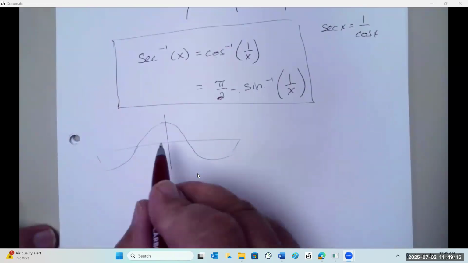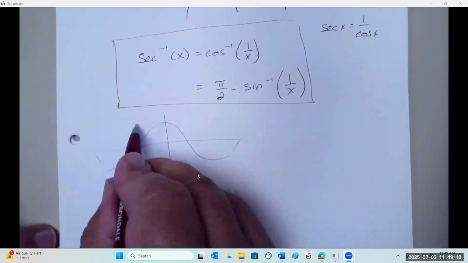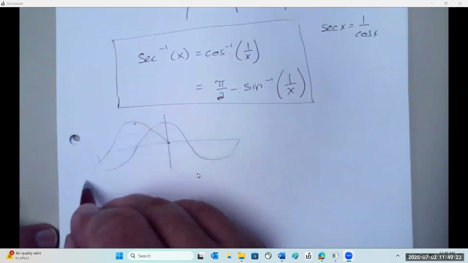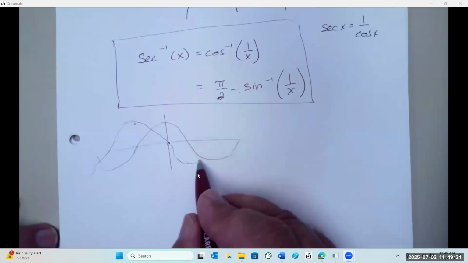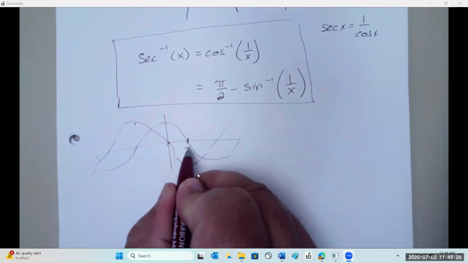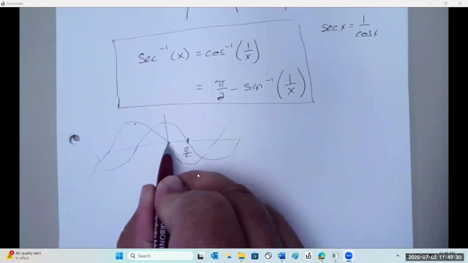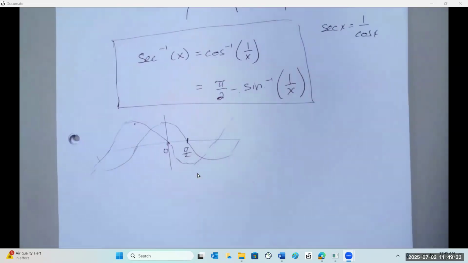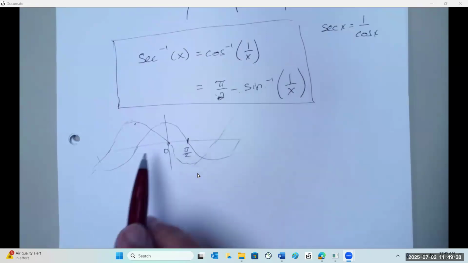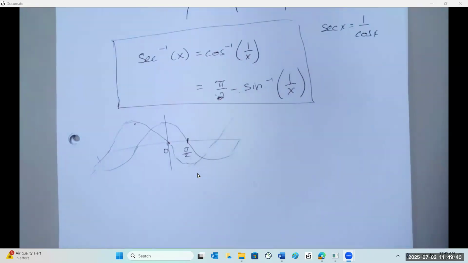So there's cosine. Sine is just the opposite. So it's from pi over 2 to 0. To make them equal, we take pi over 2 and then shift it back to the cosine. All right. So that's in your cheat sheet somewhere.